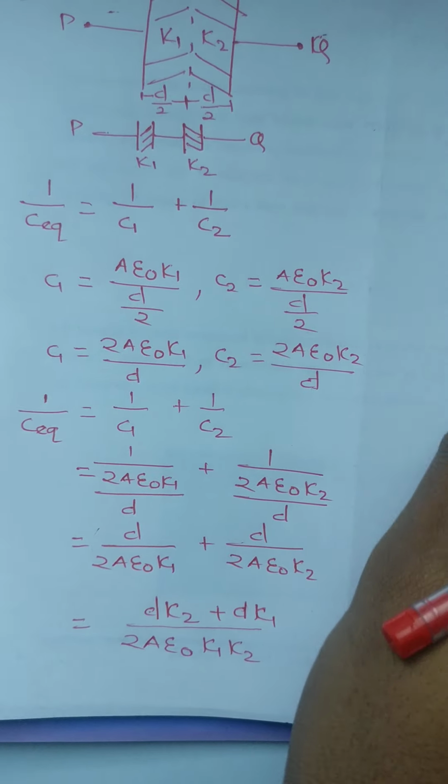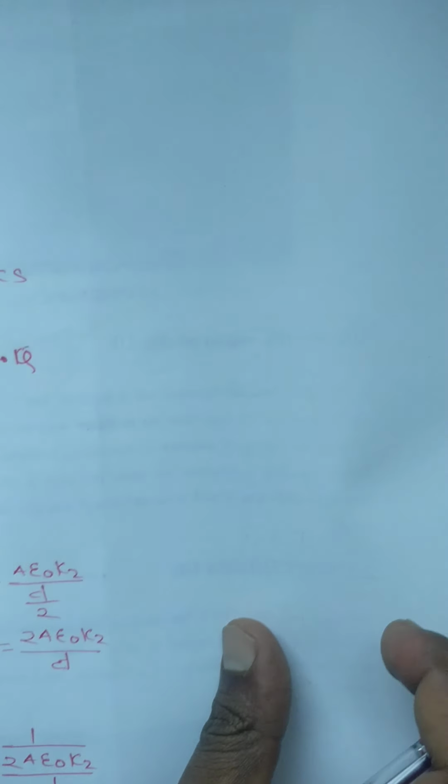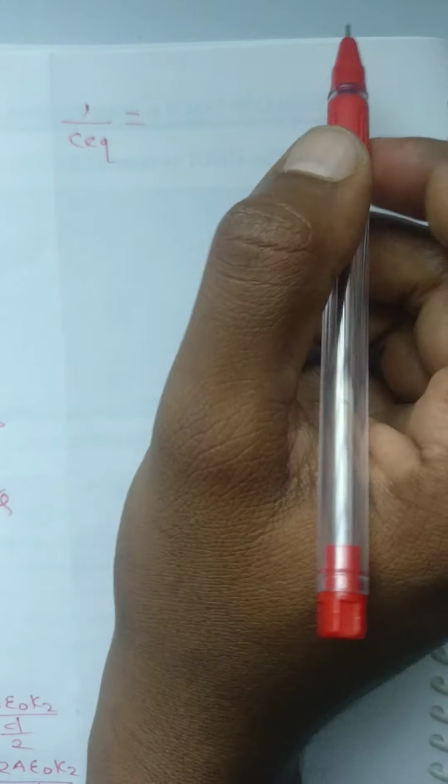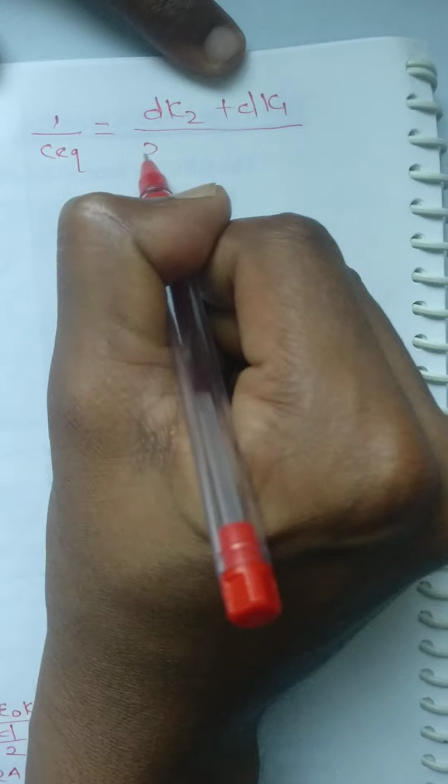Fine. So let us simplify this further. 1 upon C equivalent is equal to D K2 plus D K1 upon twice A epsilon naught K1 K2.